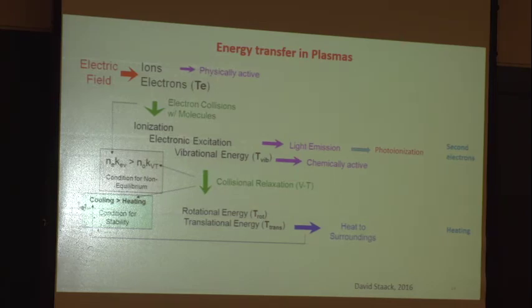So that changes the reaction pathway, and it becomes chemically active. And this energy will be transferred to rotation and translation through the collision process. If the collisions are not enough, then the process will leave a higher energy of vibration and electrons, and you will become non-equilibrium. If the collision is fast enough, then you establish an equilibrium plasma.